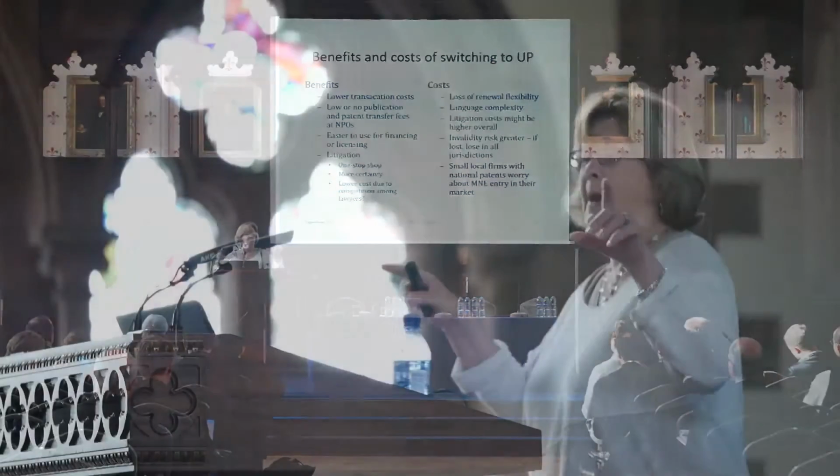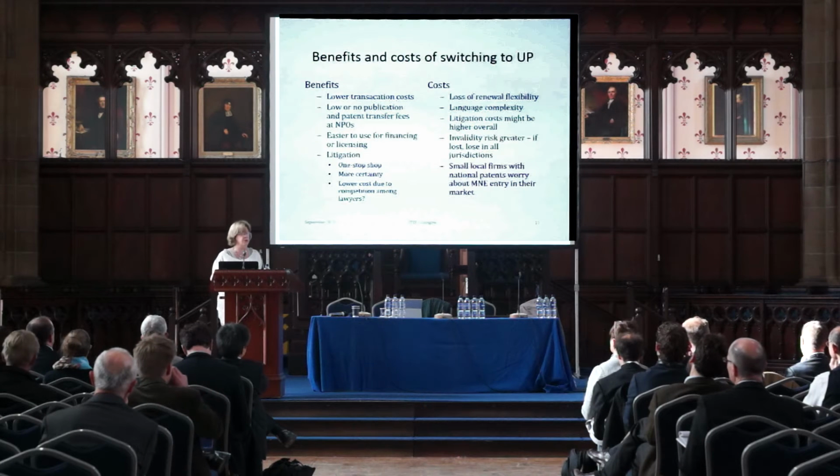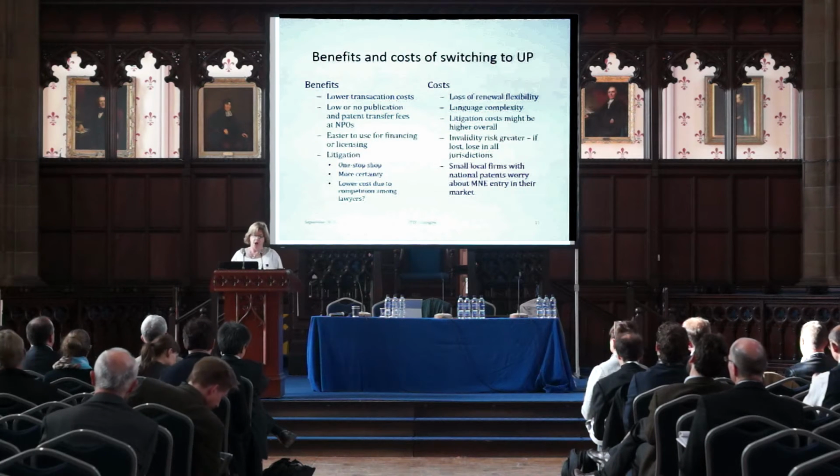If you have a bunch of EPO applications validated at different national offices, transferring ownership of those then becomes a costly activity compared to transferring the ownership once of a unitary patent, because there are fees for changing the registration, etc.